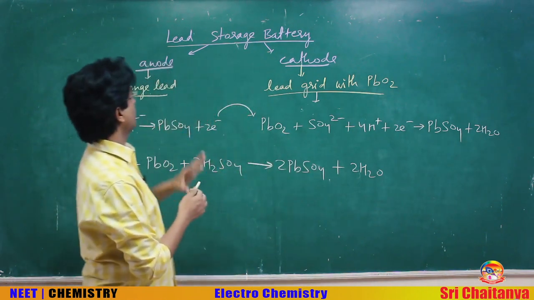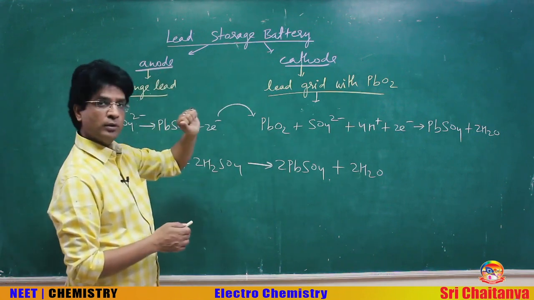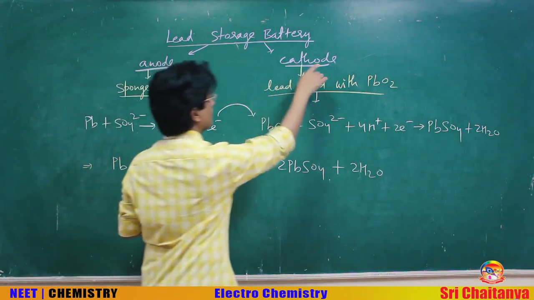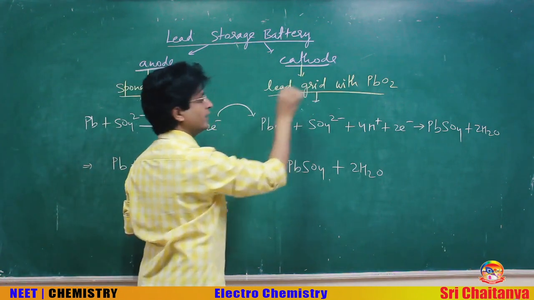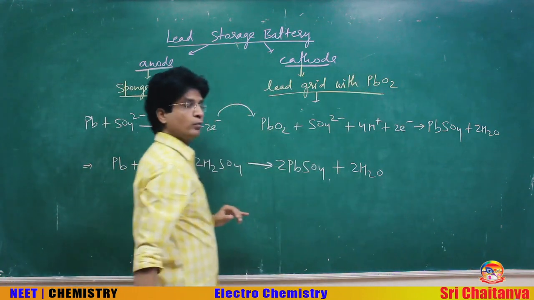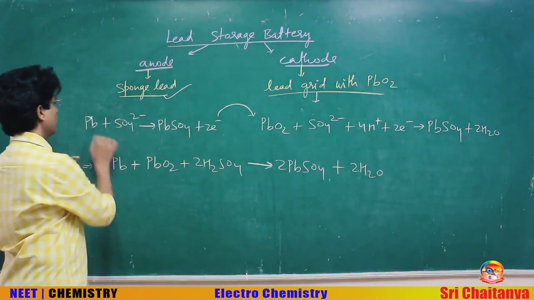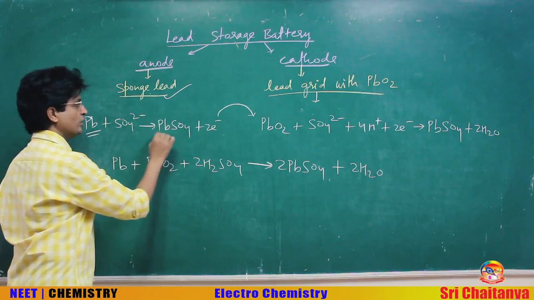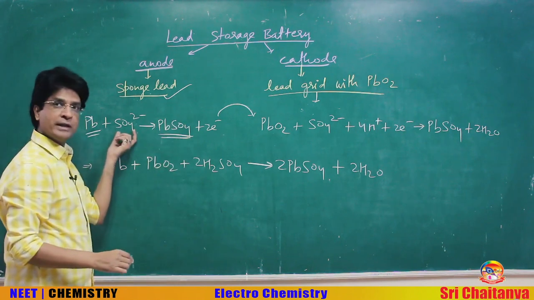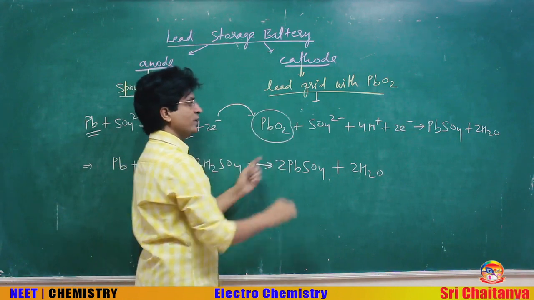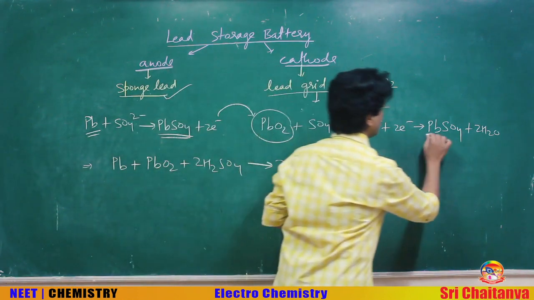So see, here we have anode and cathode. Anode is made up of sponge lead and cathode is made up of a lead grid, in which we put in PbO2. Now see, the reaction which occurs here is that at anode, lead is oxidized to lead sulfate. We are using H2SO4 as electrolyte over here, and the electrons are transferred to PbO2, which accepts the electrons and becomes lead sulfate.